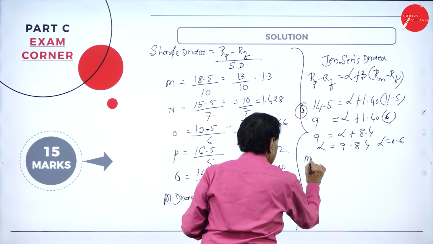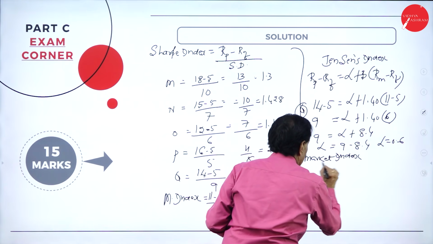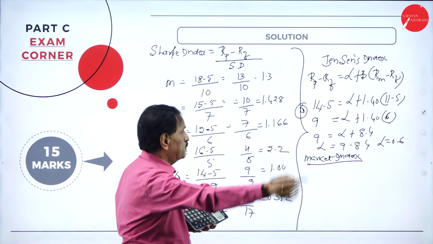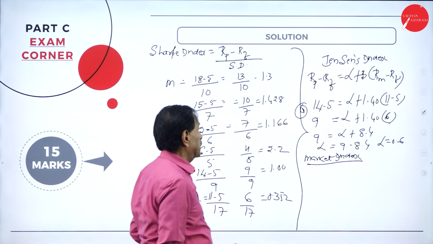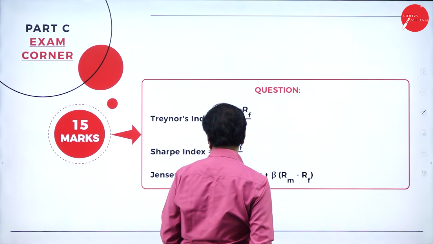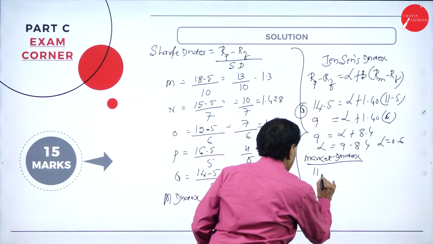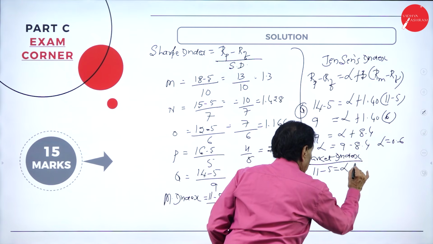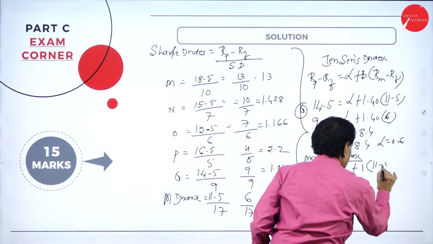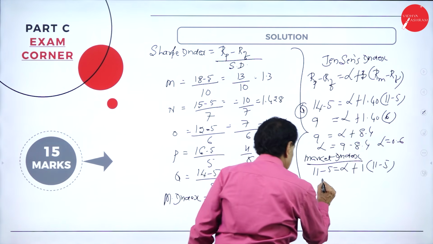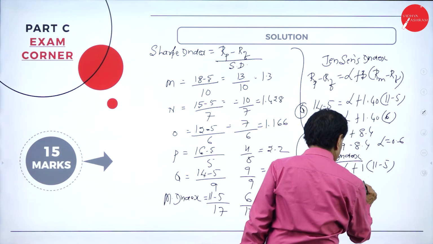Market index. In favor of market, when there is no space, so I am doing here. Market index RP, market 11 minus 5, alpha plus beta is 1. 11 minus 5 is 6, alpha plus 11 minus 5, 6.